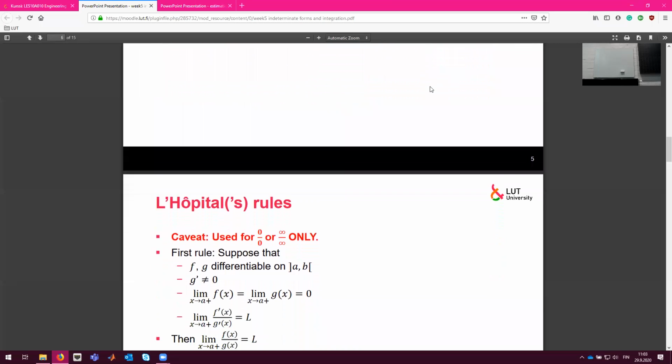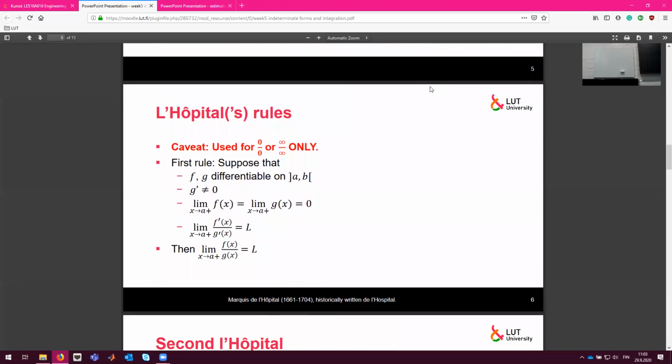Another way is using L'Hopital's rule, but this is not usable for all indeterminate forms. L'Hopital's rule can be used only for 0 over 0 or infinity over infinity cases. In the case of sine over x, our function f is sine x and our function g is x.